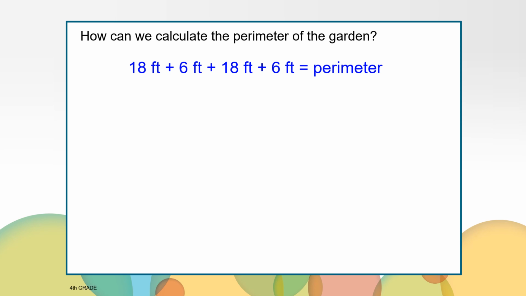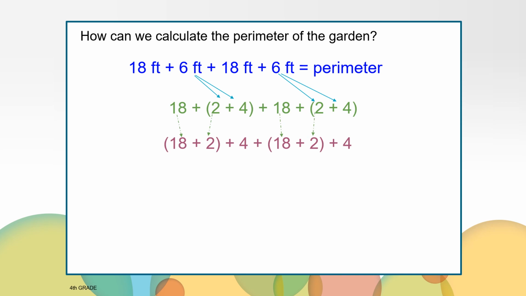One way that we can calculate the perimeter is by looking for friendly numbers. 6 is made up of 2 and 4. We can use the 2 from the 6 to add to the 18 to make 20. The associative property of addition allows us to do this.